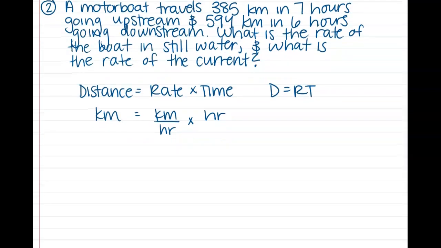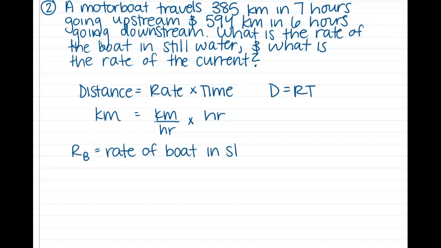Let's define our variables. Let's say RB is the rate of the boat in still water, meaning there's no current. And RC is the rate of the current, or the speed of the current.